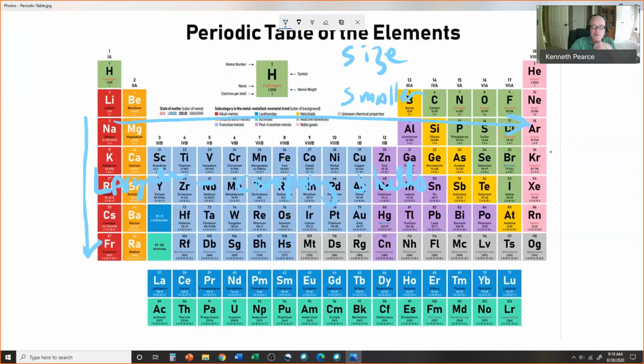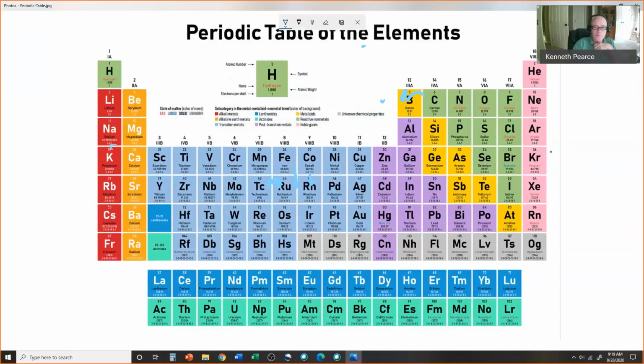And the last thing that I want to mention is something called electronegativity. And that's how much the atoms really want electrons. And it turns out that fluorine is the most electronegative.